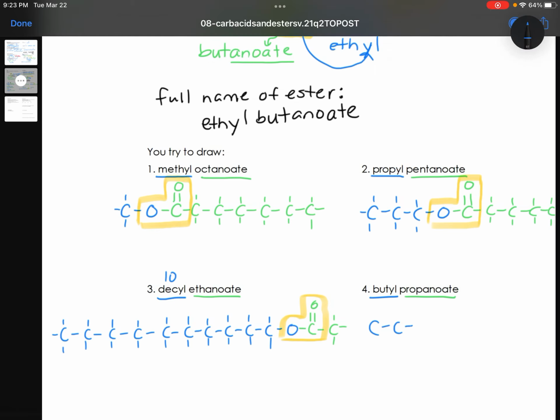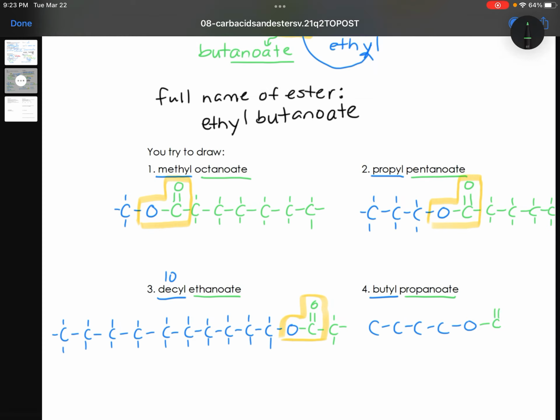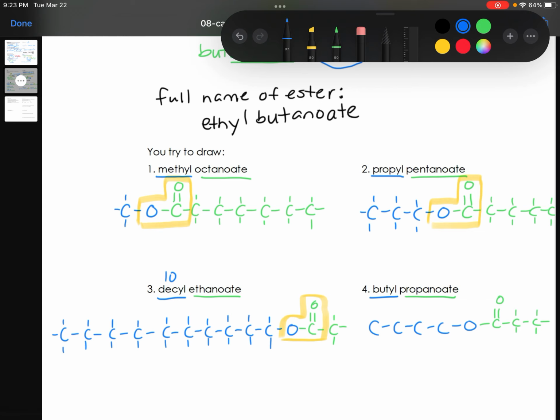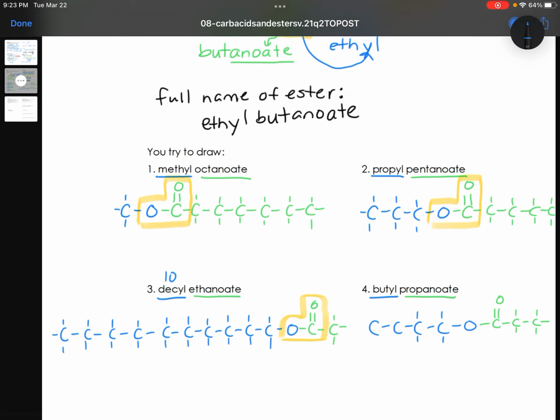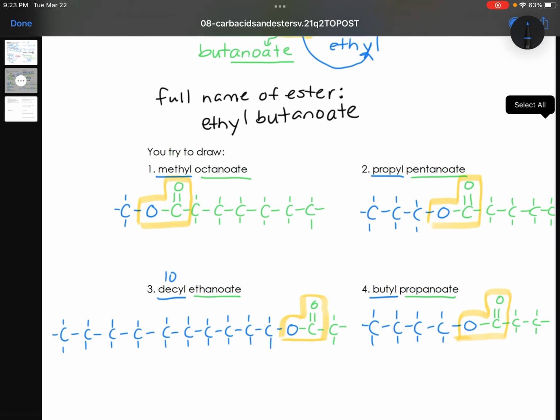Okay, and then butyl and prop. And checking I've drawn the correct ester linkage.